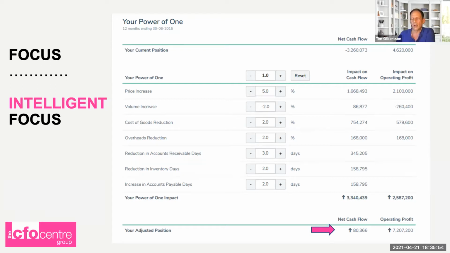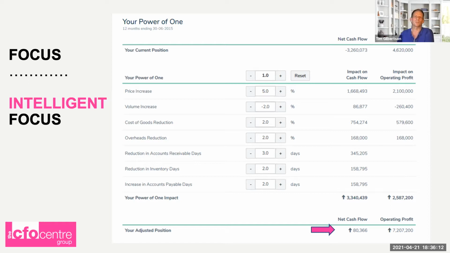If you're operating in a very competitive environment, a 5% increase in your price might kill you, right? So each of these things has to be taken with consideration towards the company that we're talking about here. Is that actually possible?